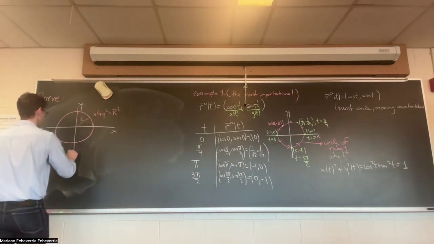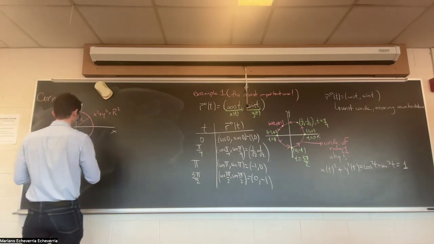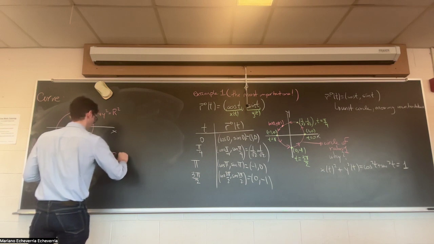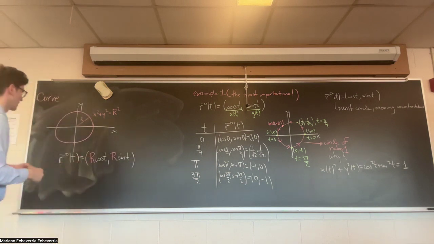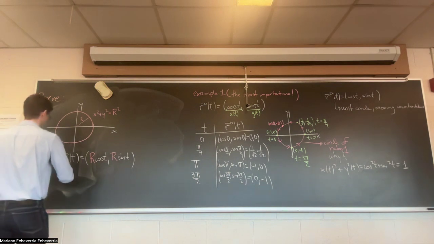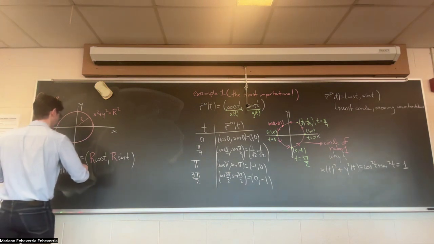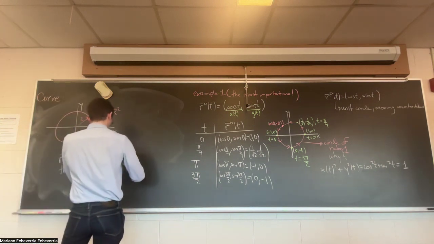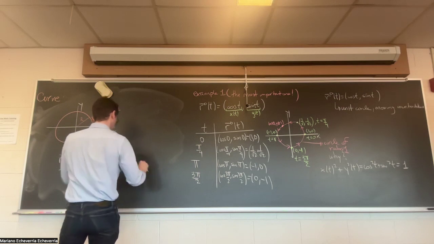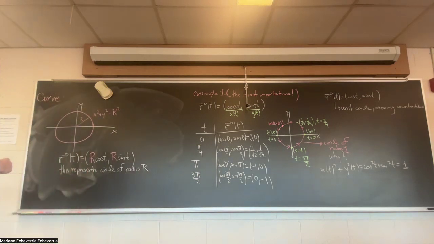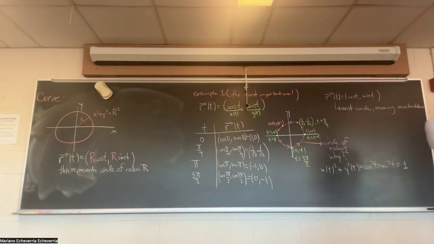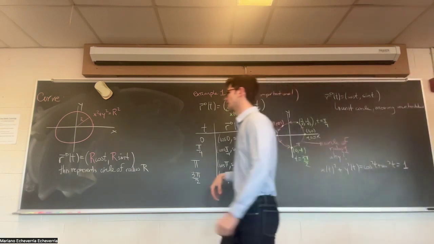So if you write something like this, now this represents the circle of radius r. Any concerns or questions about this? Again, moving counterclockwise.